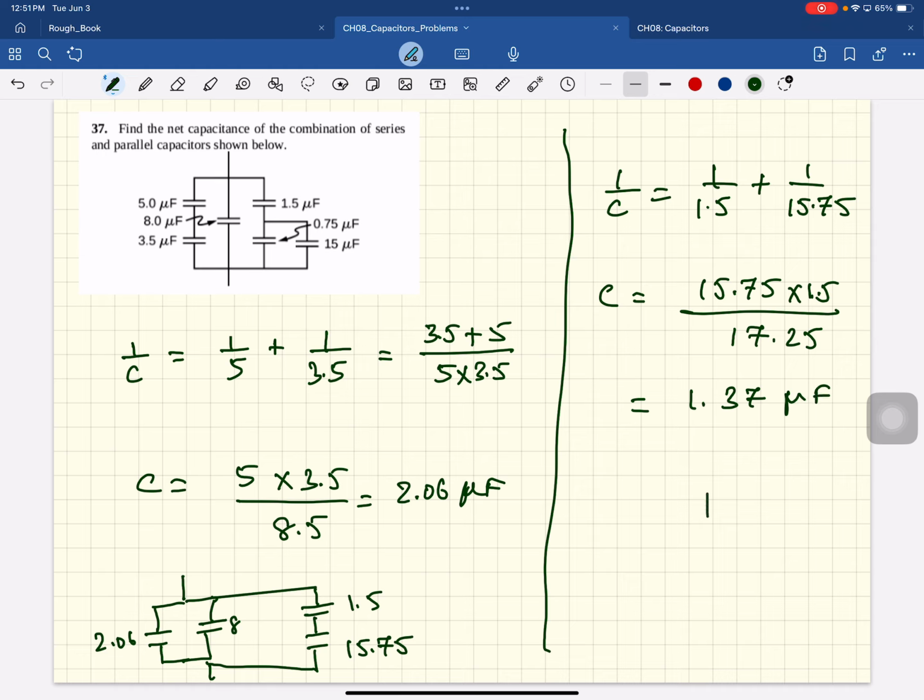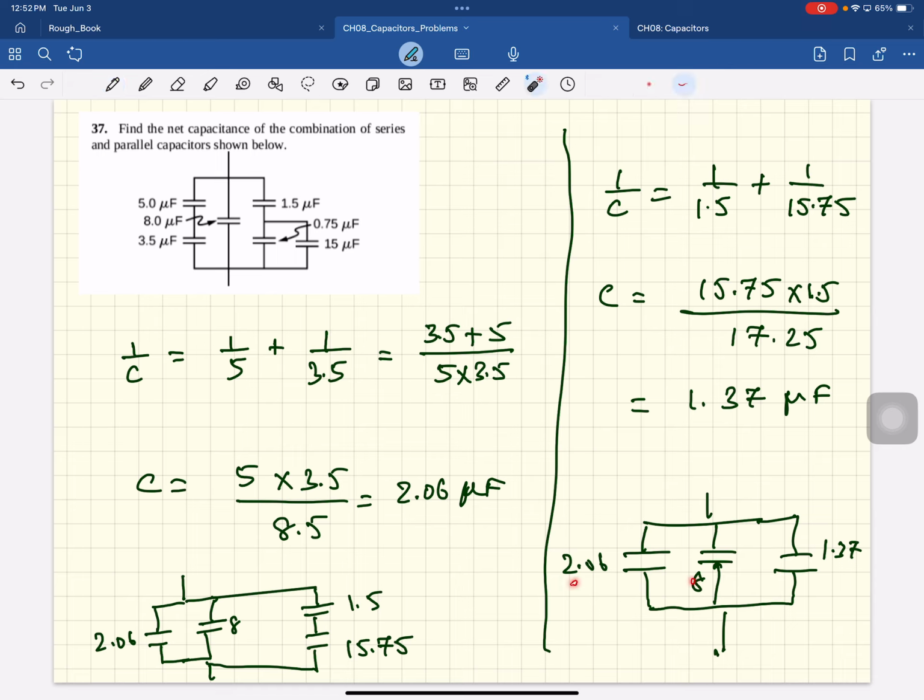So now our circuit has reduced to 2.06, 8, and 1.37. Okay, now it's just a matter of adding them.